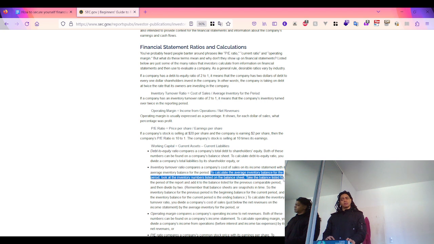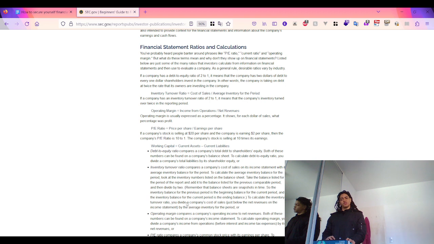Take the balance listed for the period of the report and add it to the balance listed for the previous comparable period, and then divide by 2. Remember that balance sheets are a snapshot in time, so the inventory balance for the previous period is the beginning balance for the current period, and the inventory balance of the current period is the ending balance.